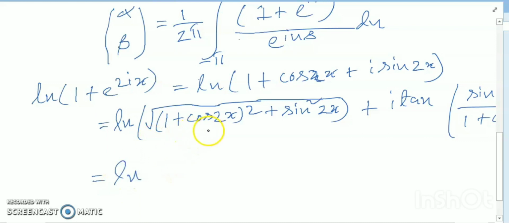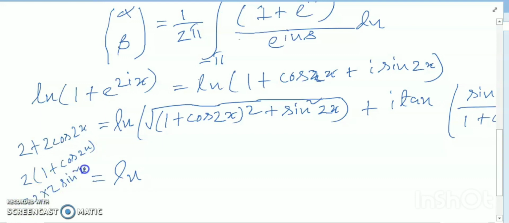Okay, sine square x, you can write 2 plus 2 cos 2x, and 2 into 1 plus cos 2x, and 1 plus cos 2x is equal to 2 into 2 cos square x. That means 4 cos square x, which means 2 cos x.